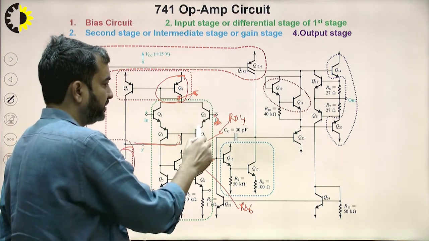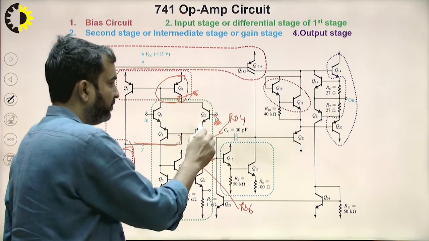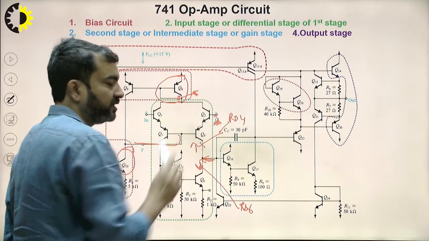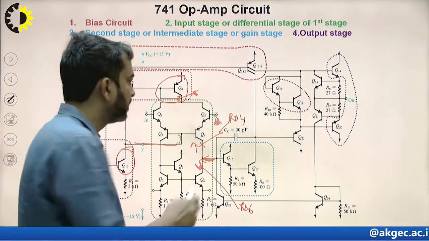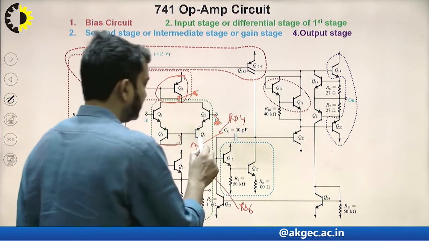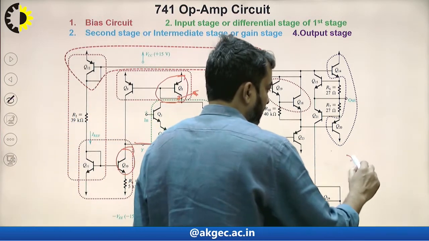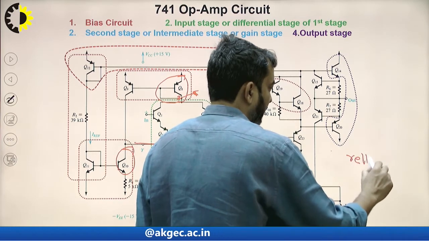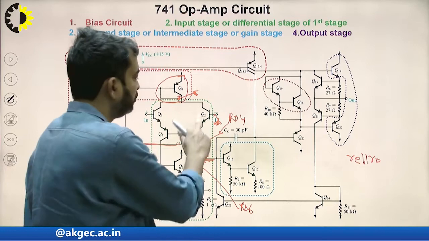So the effective resistance in the emitter of transistor Q4 will be the emitter resistance of transistor Q2 in parallel with resistance R0. So the effective resistance in the emitter of Q4 is Re parallel R0 of transistor Q2.